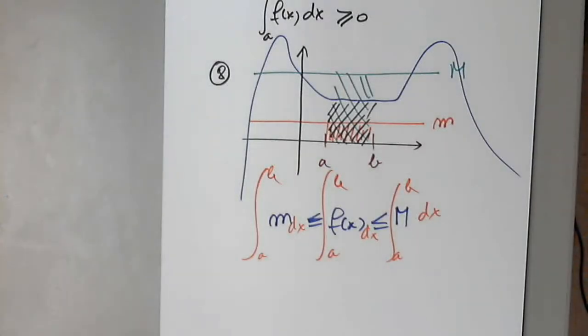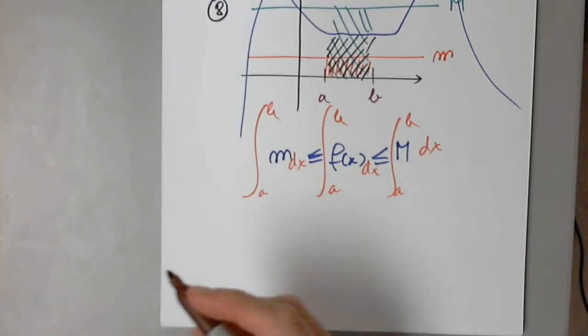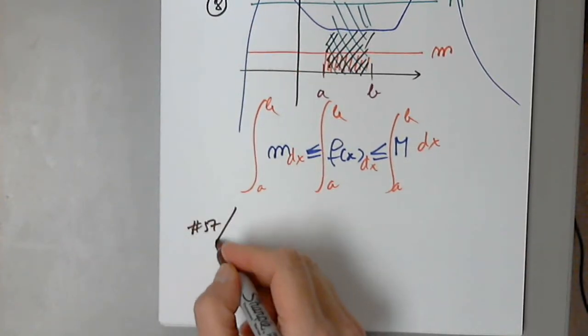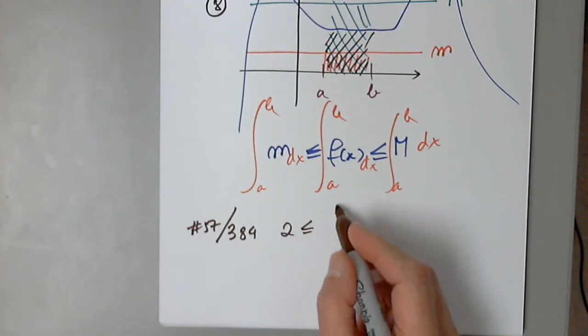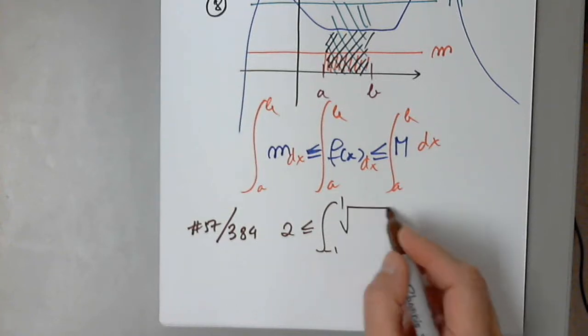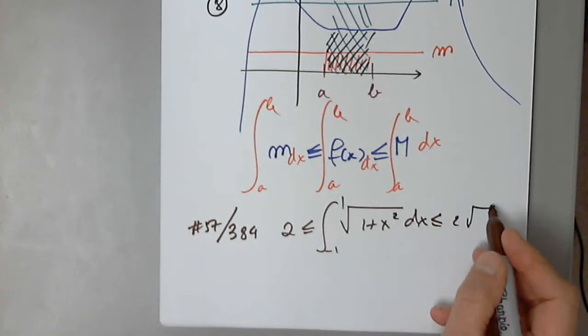They're not asking us to calculate anything, they're only asking us to show that that is correct. So 57 on 384. 2 less than or equal to the integral from -1 to 1 of the square root of 1 plus x squared dx less than or equal to 2 the square root of 2.